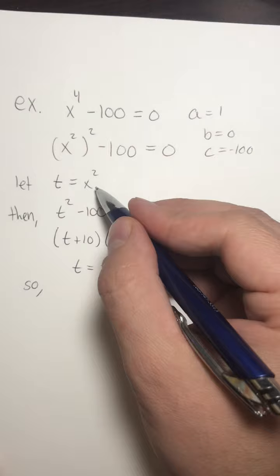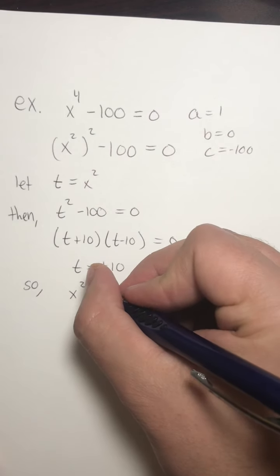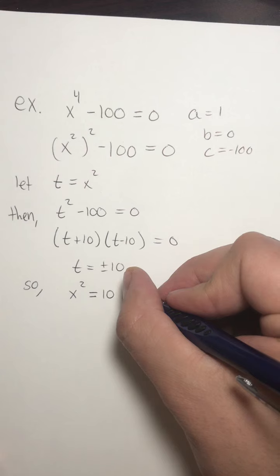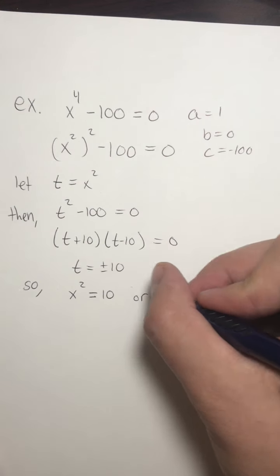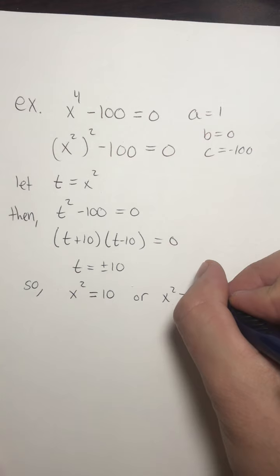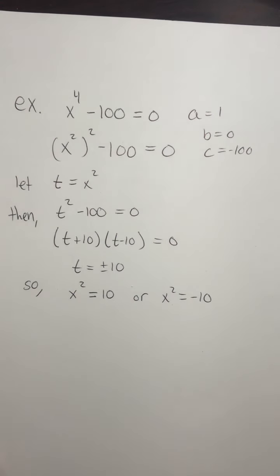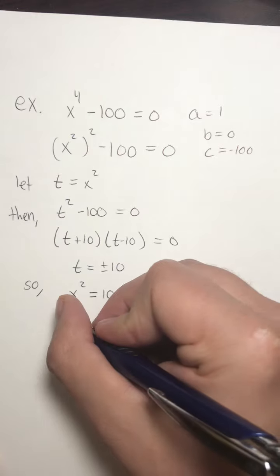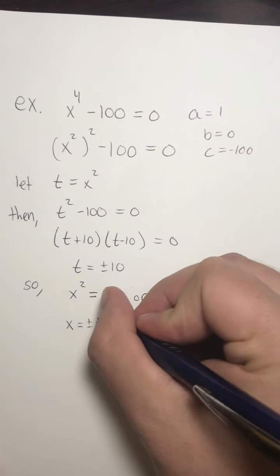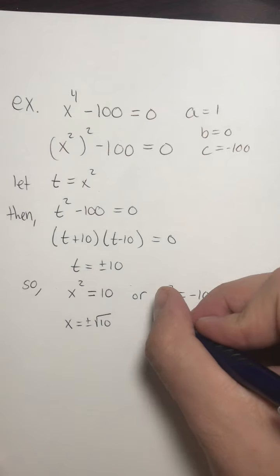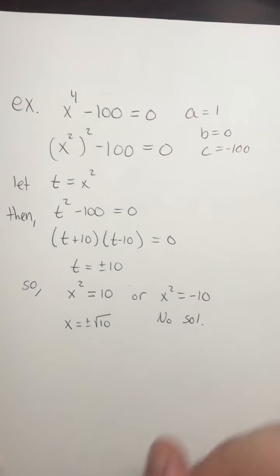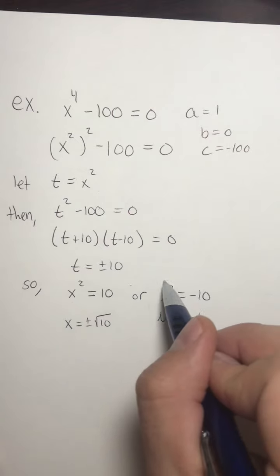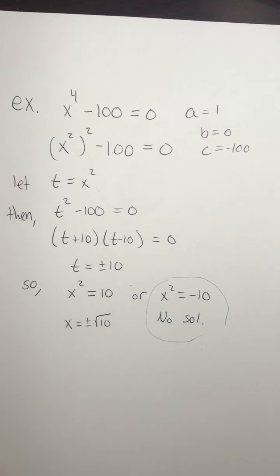Now, t was substituted for x squared. So x squared equals 10 or x squared equals negative 10. Over here on this side, we square root both sides. We get x equals plus or minus root 10. Over here, we cannot take the square root of negative 10. So x squared equals negative 10 does not provide any real solutions to the original problem.